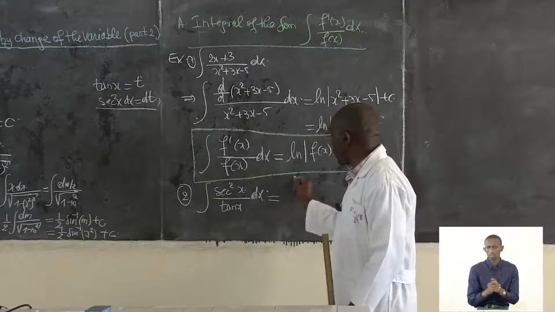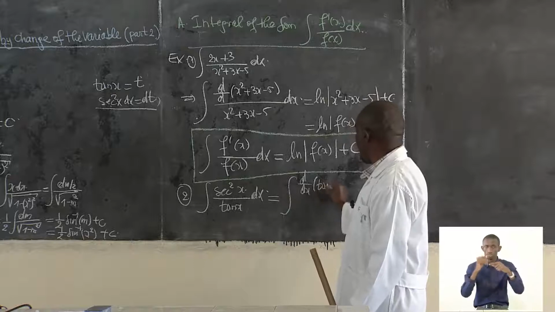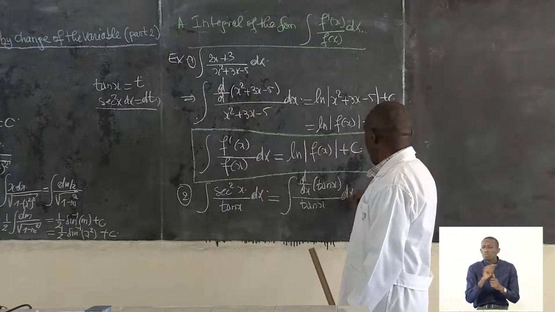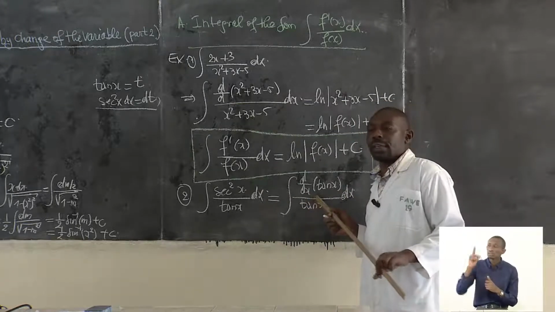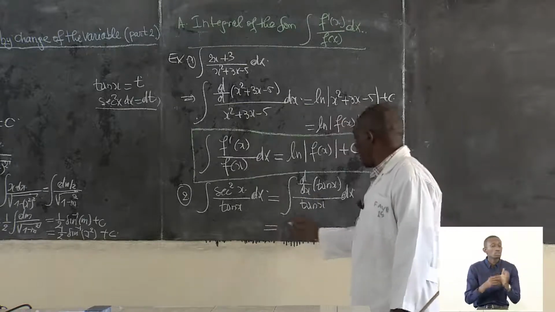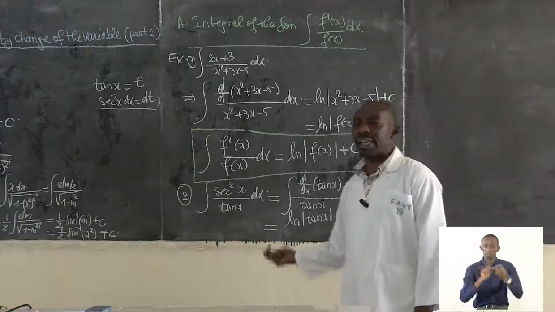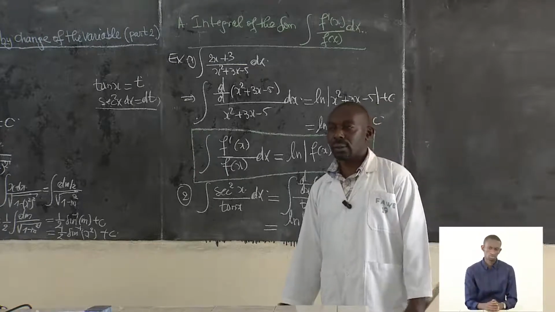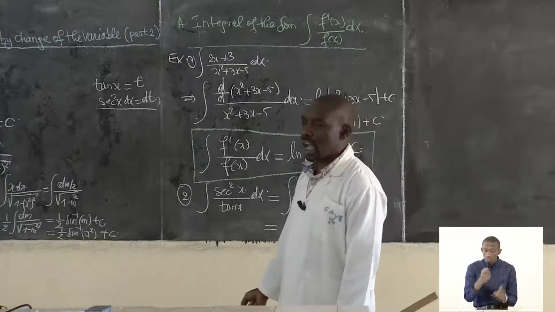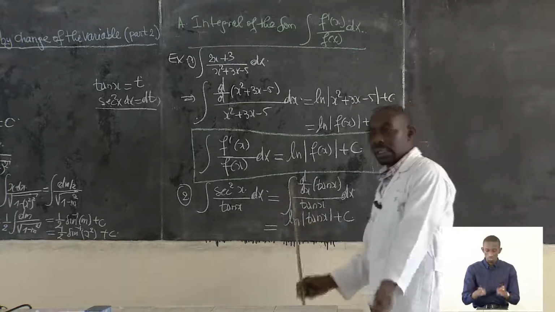It means that I can write the integral as derivative of tan x divided by tan x dx. As the numerator is the derivative of the denominator, the answer is trivial, that is ln of tan x plus c, and I'm done. Very simple, right? Do you need another example? No, I don't. It is not very necessary because the method is very simple and understandable.